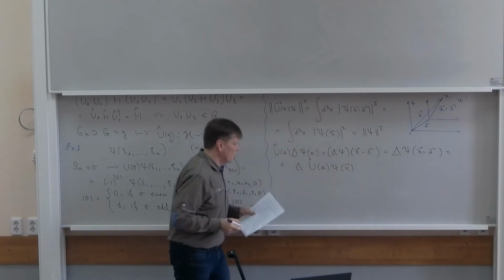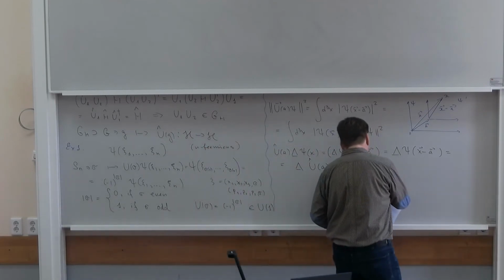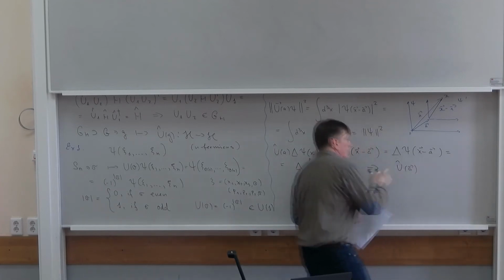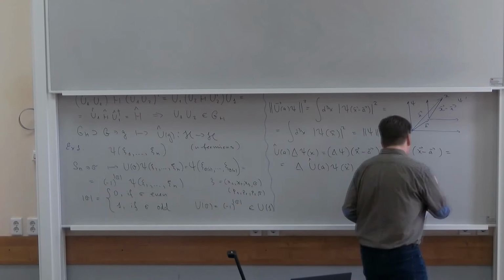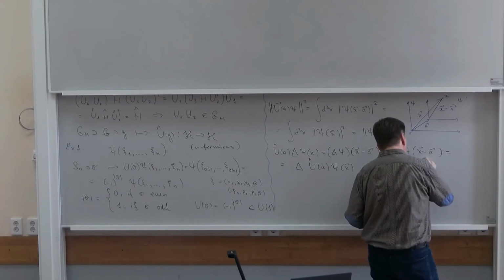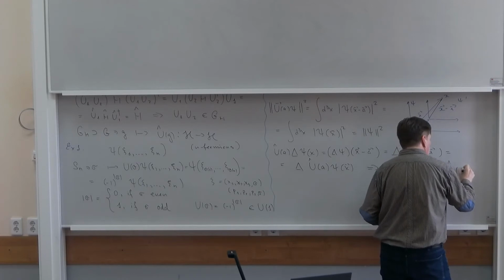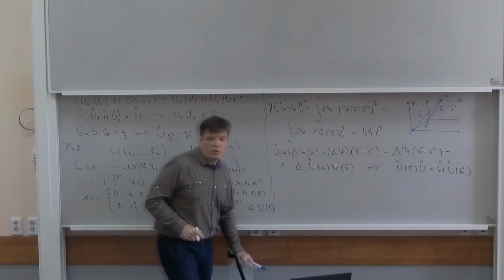So we conclude that for any displacement vector A, we have that U of A times H is equal to H times U of A. So the operators commute with each other.